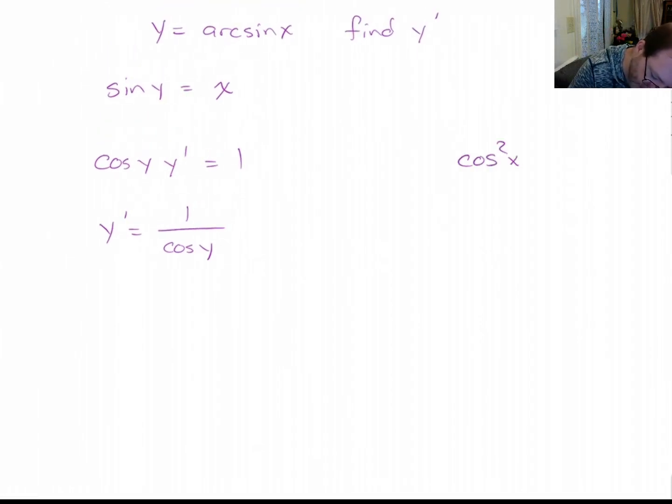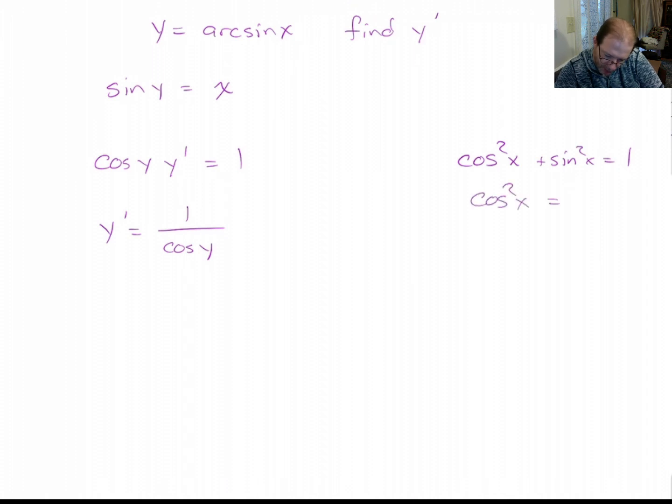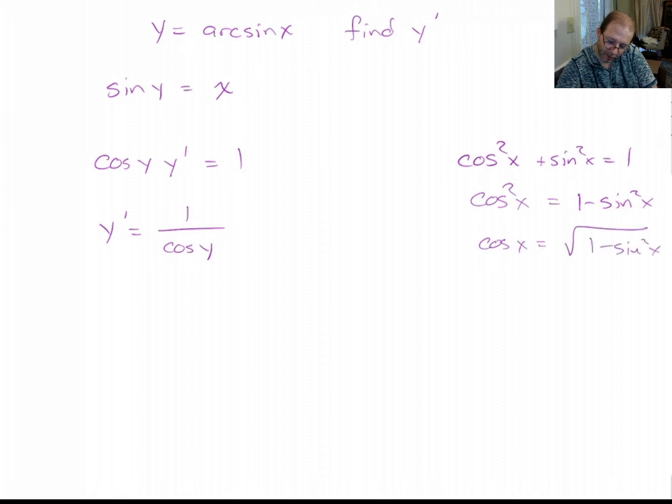Cosine squared x plus sine squared x equals 1. If you solve this for cosine squared, you get cosine squared x is 1 minus sine squared x. If you take the square root of both sides, you get cosine of x is the square root of 1 minus sine squared x.